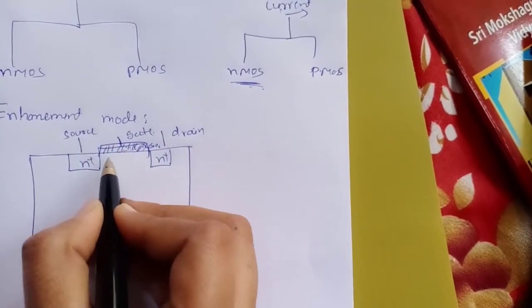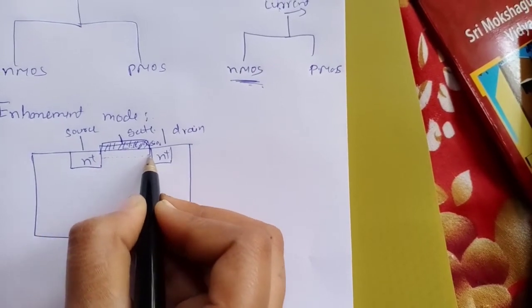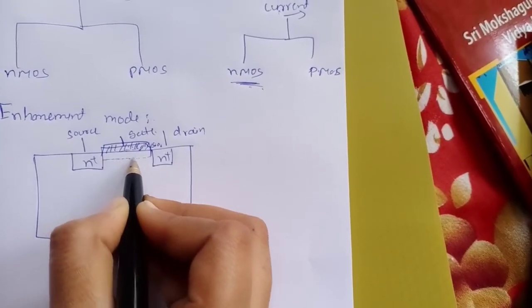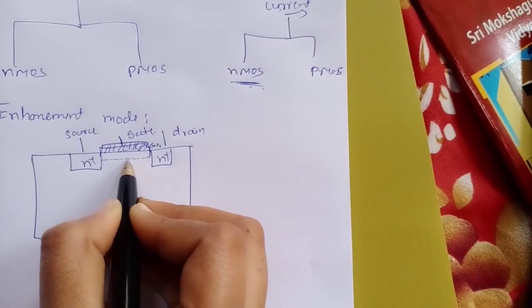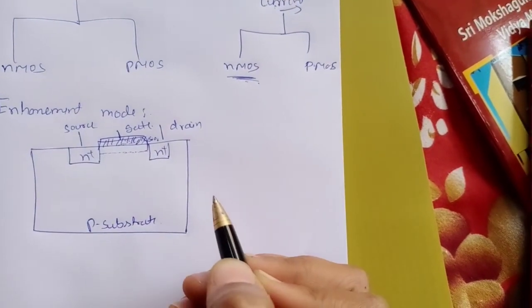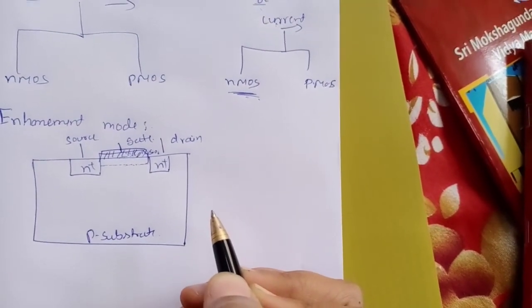Below this SiO2, the channel has to be created in this portion after application of the VGS value. VTH is nothing but the minimum gate voltage required to turn on the device.